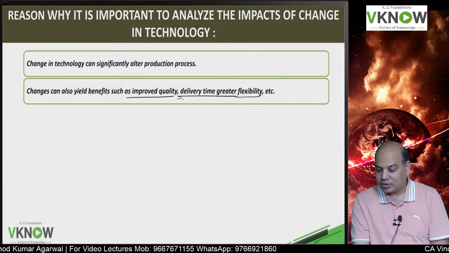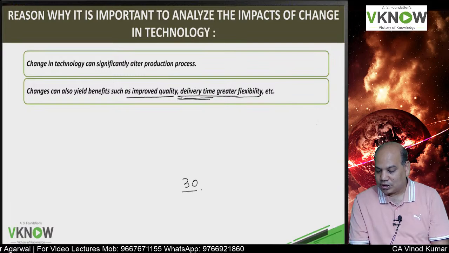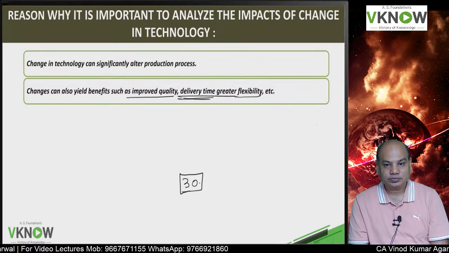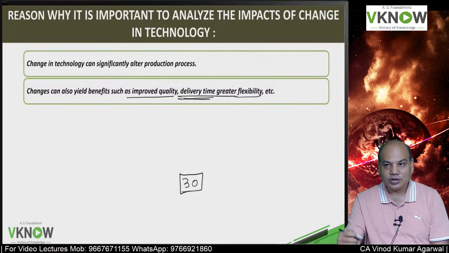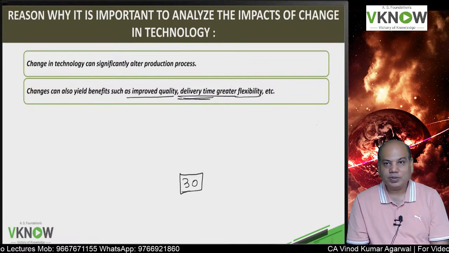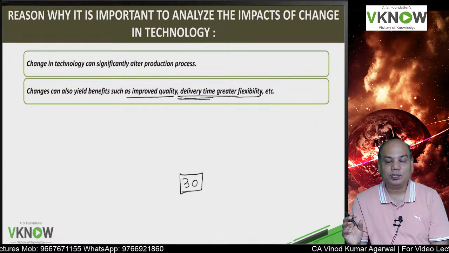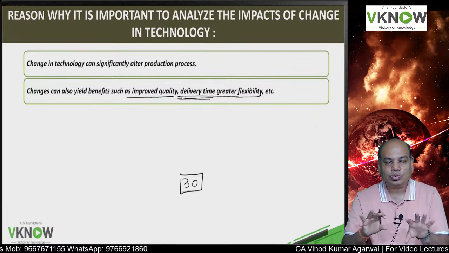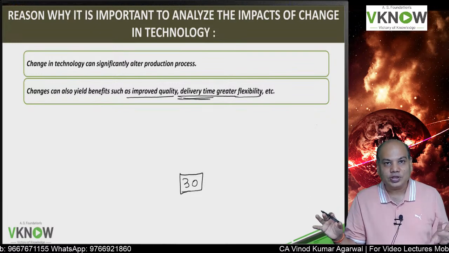From delivery time, I remember nowadays there are companies which say that if you order something, we will deliver within 30 minutes. How does it happen? It happens because of the change, because of the technology. There is a whole back-end technology on which it is working.